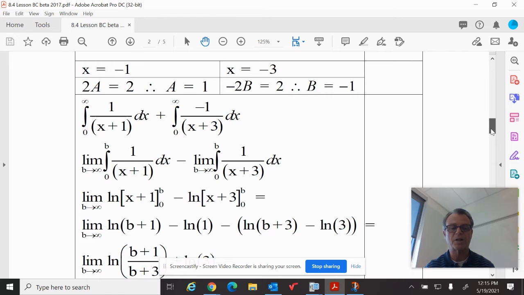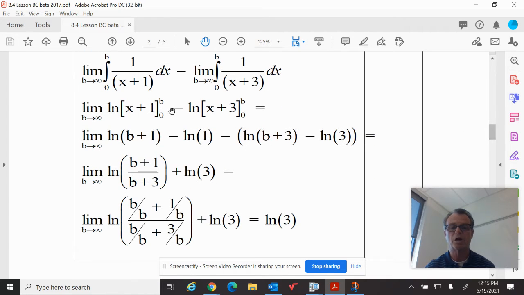So when you anti-differentiate this, you get the limit as b goes to infinity of the natural log of the denominator from 0 to b, subtract natural log of this denominator from 0 to b. You just do this for each part. You put b in here for x, and then you put 0 in there.